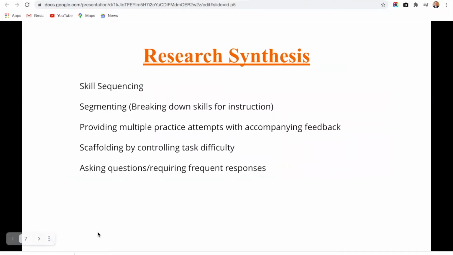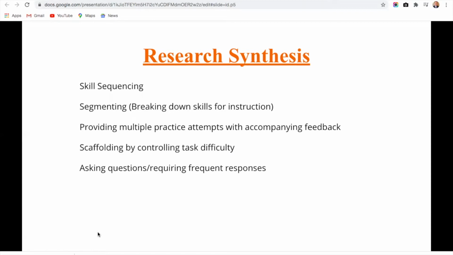And so we realized that skill sequencing, understanding what to teach and when to teach it, and being real explicit in what we're teaching and the targets that we're setting and what we're going to learn, and teaching the big ideas first in a systematic way, and then we break down those skills by segmenting those skills for instruction. So we break down the skills into manageable skills that students with disabilities can take in.